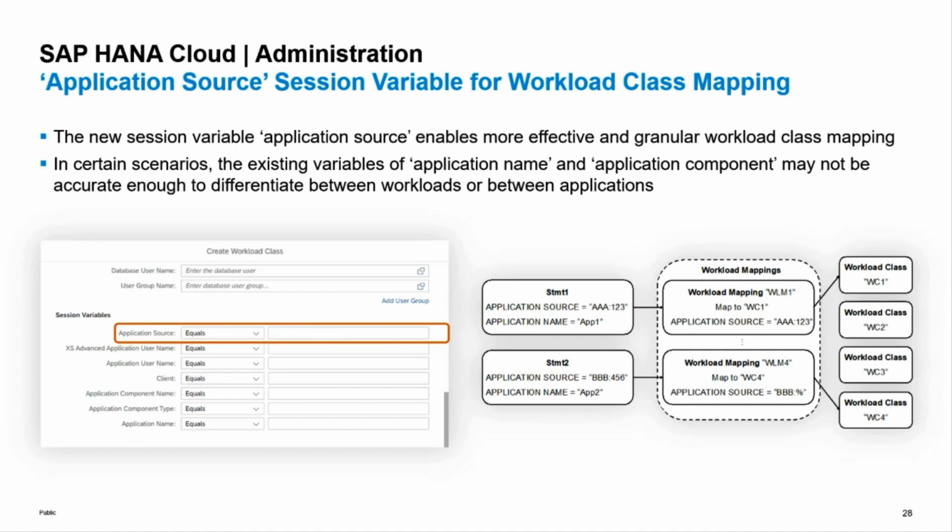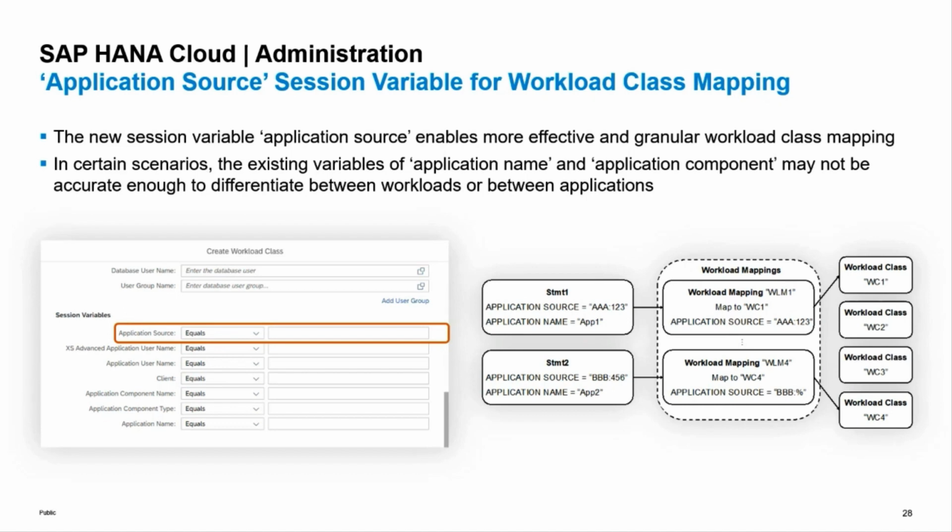So to enhance that situation, the application source variable is now available when you create a workload class mapping, and you can set that equal to a specific value, or you can use wildcards as well, in case you want to have that option when you are providing the application source name.